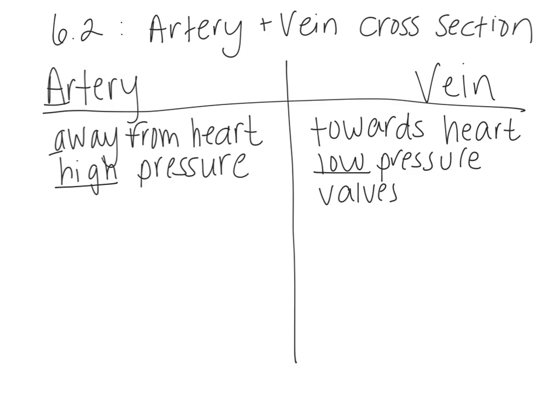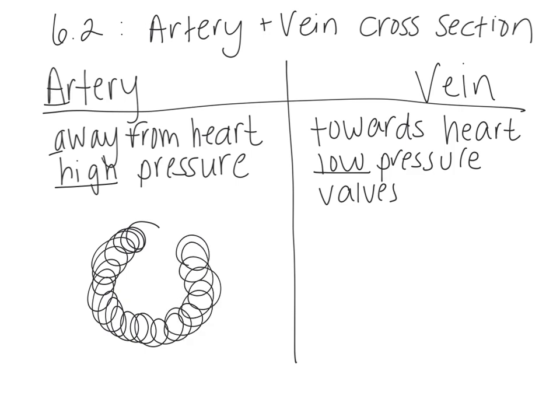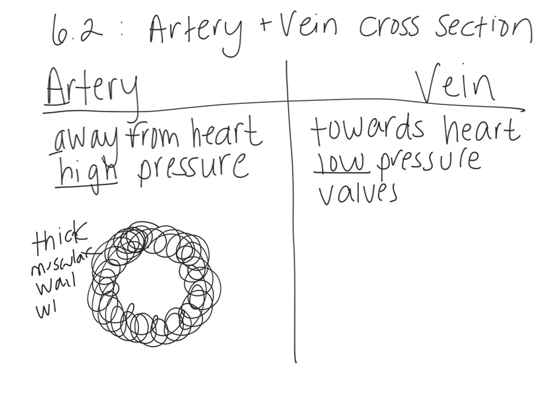So arteries, since they carry blood at a high pressure, are going to have a very, very thick outer wall. Okay? And this thick wall is made of muscles. That says thick muscular wall with stuff called collagen.